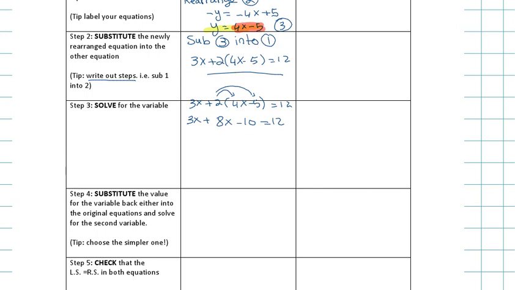What can I do with this 10? Move it over, right? It becomes a plus 10. So 11x equals 22. Now what do I have to do? Divide by 11, right?